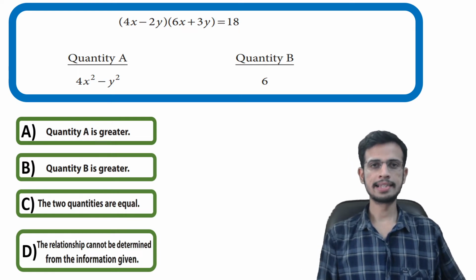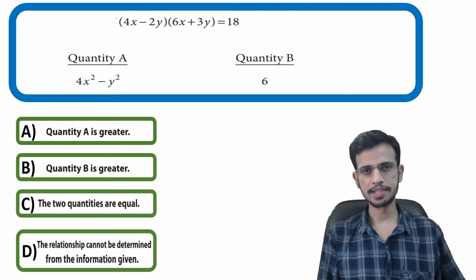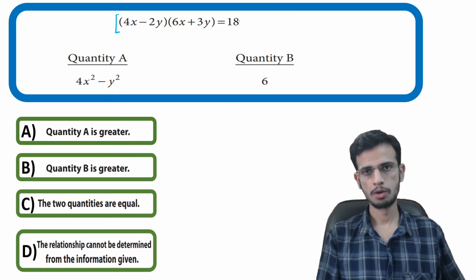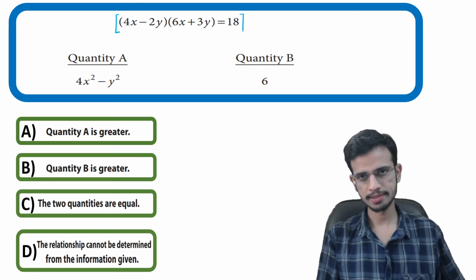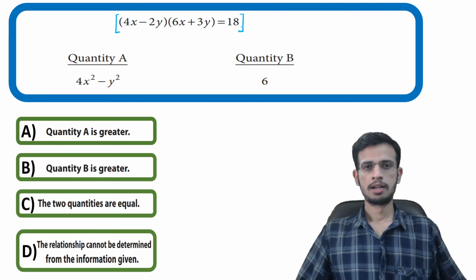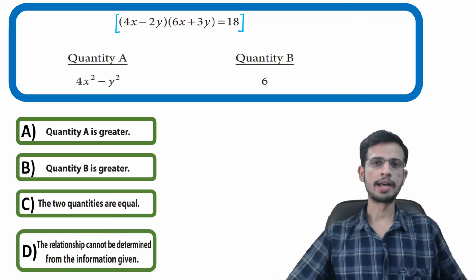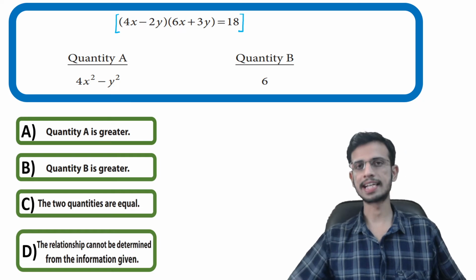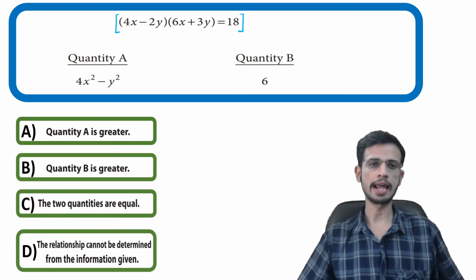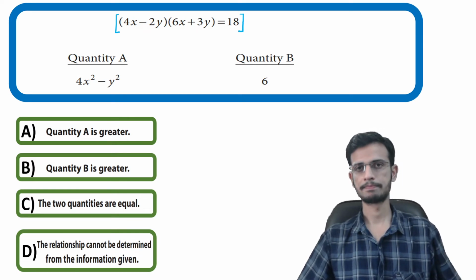So in this question, we are given one equation. Quantity A is defined in the form of x and y. Quantity B is 6. Quantity B is a number, it's a real number, and quantity A is in the form of x and y.